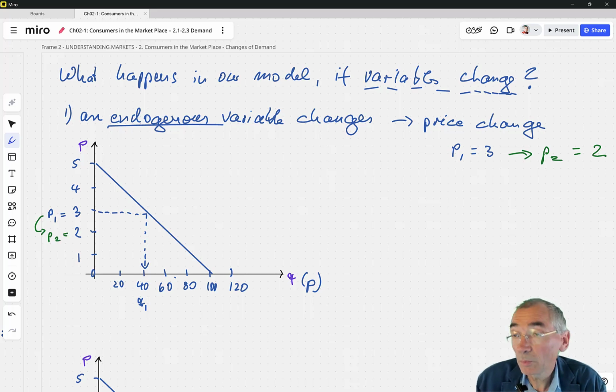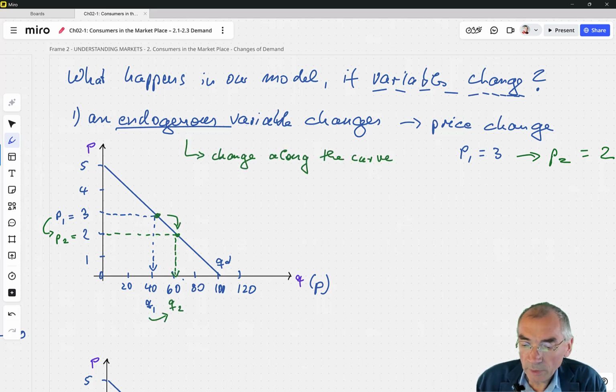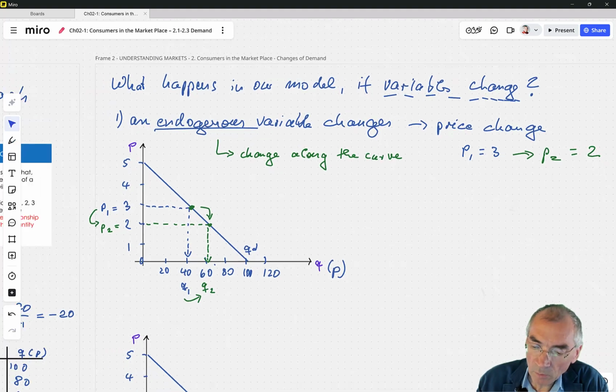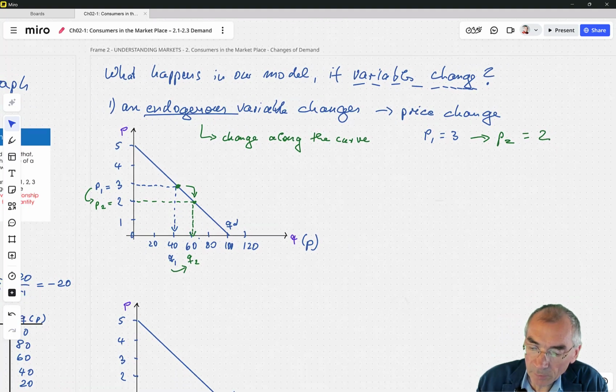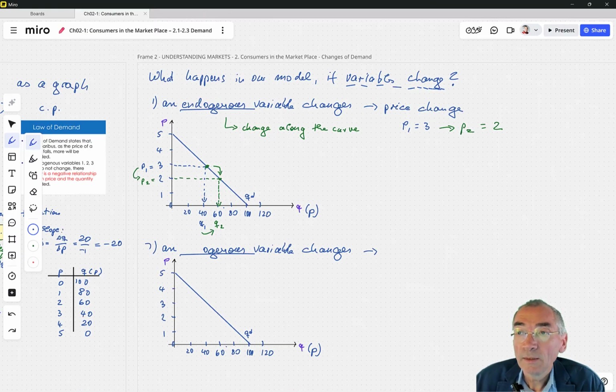P2 equals 2, and we have to do the same. We have to go from the 2 to the demand function and then down to the quantity demanded. If we do so, we come to a quantity of 60. So at the end, we observe a change along the curve from the one point to the other point.